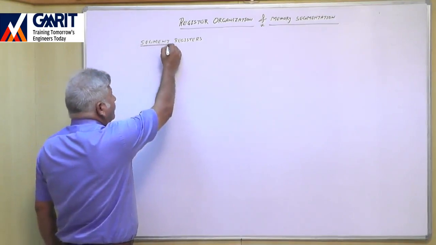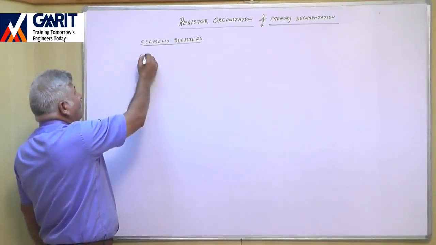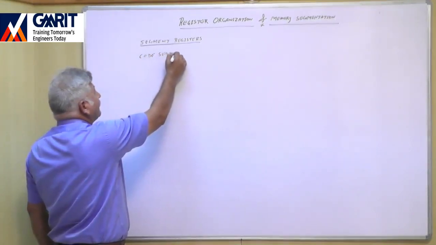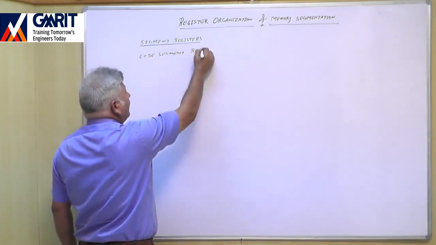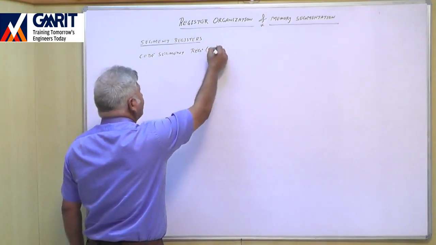There are 4 segment registers. One is the code segment register, denoted by CS.